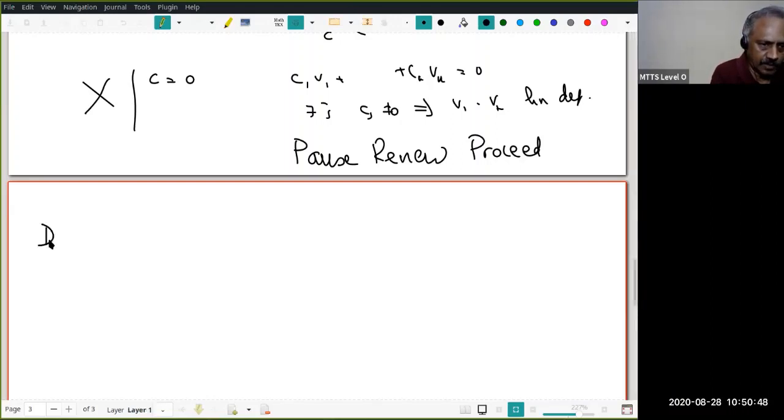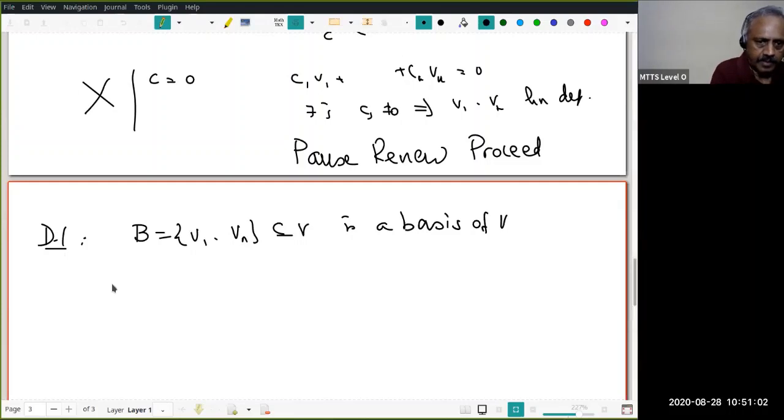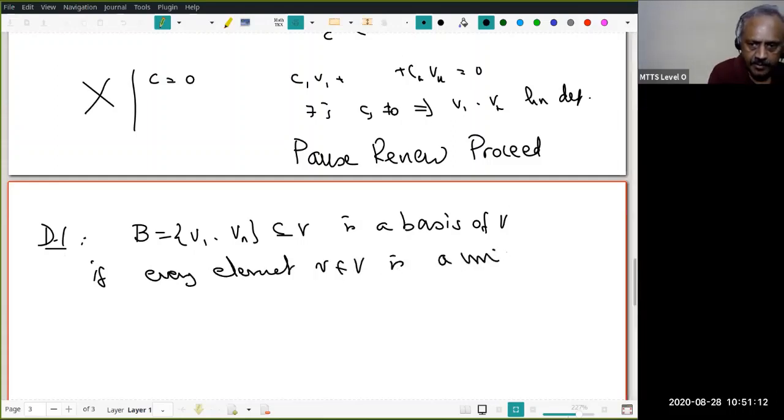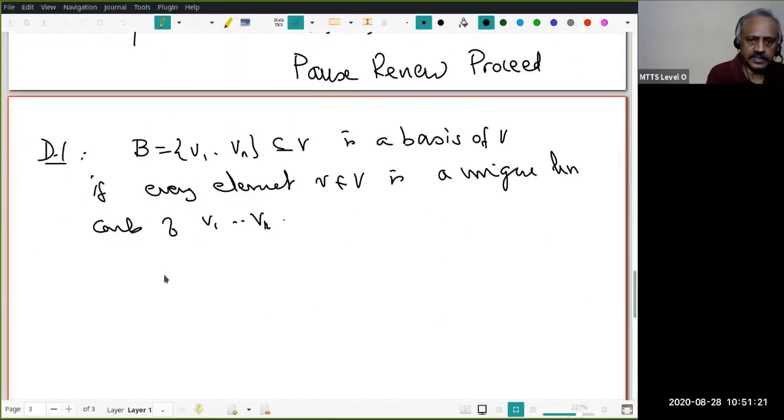Definition 1, let me call it D1: B equal to V1 to Vn, a subset of V, is a basis of V if every element V in V is a unique linear combination of V1 to Vn. Okay. So let us try to understand what this means.